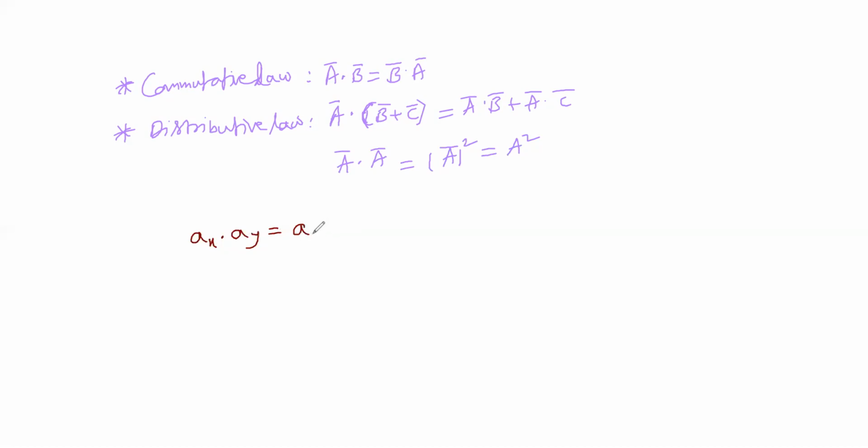Ay dot Az equals Az dot Ax equals 0. For the same coordinates, Ax dot Ax equals Ay dot Ay equals Az dot Az equals 1. These are the other identities you need to observe.